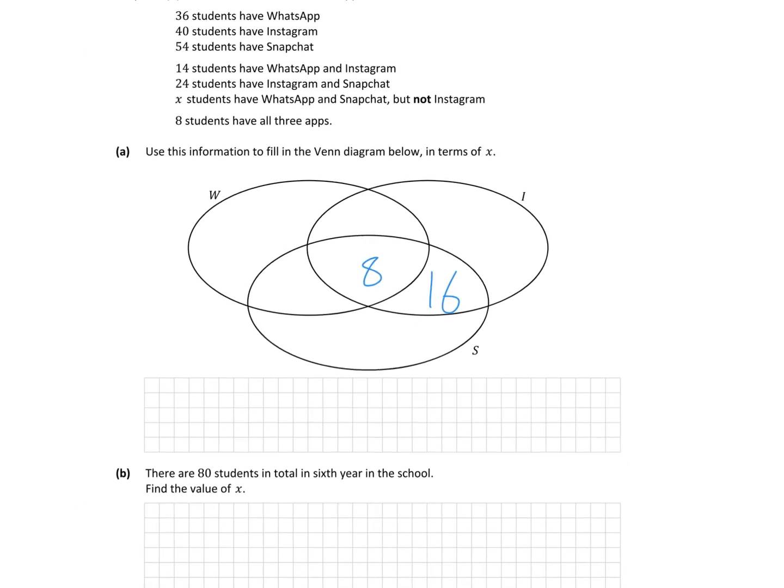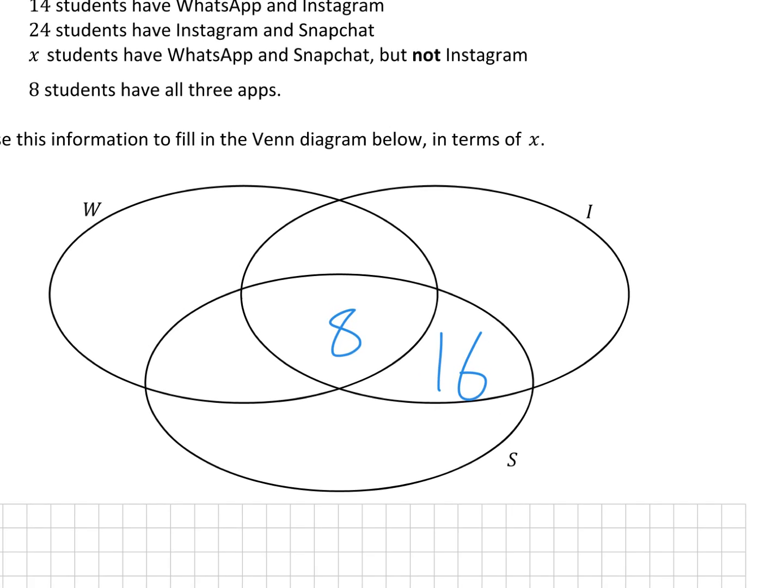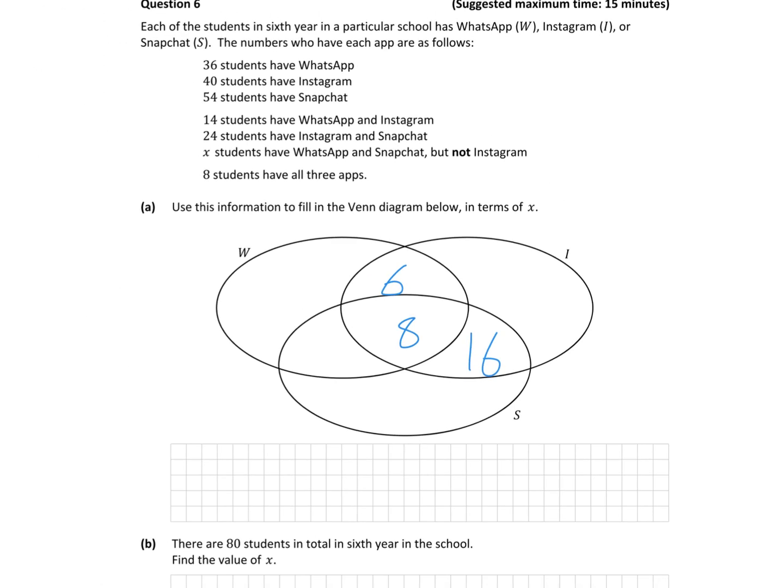So that brings us up to 24 students who have Instagram and Snapchat. 16 plus 8 gives us 24. It also tells us that 14 students have WhatsApp and Instagram. 8 of those are already counted here in the overlap. So we need to add on 6 to bring it up to 14. So that's going pretty well so far.